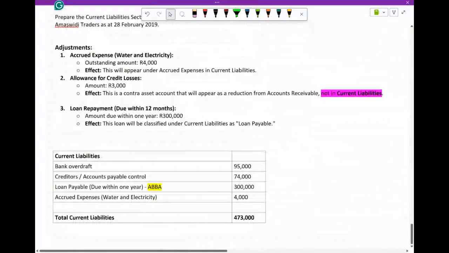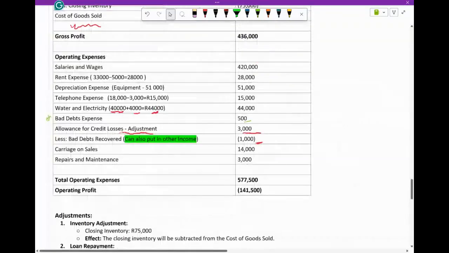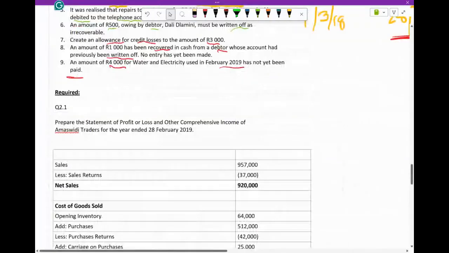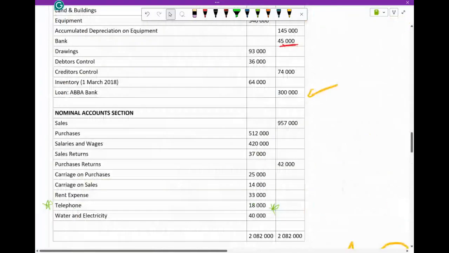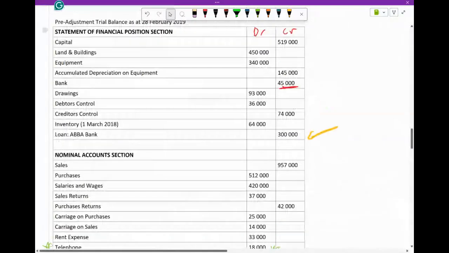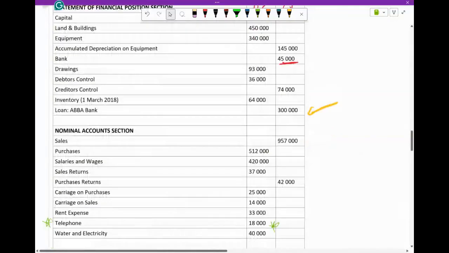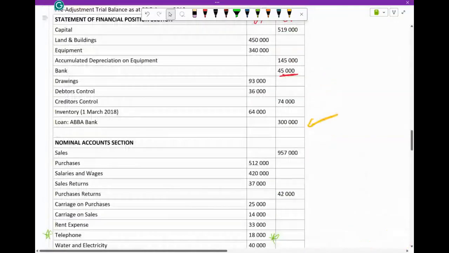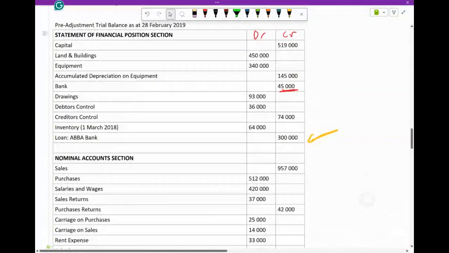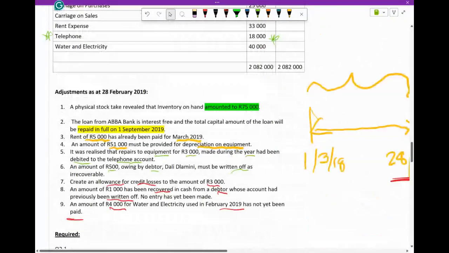What's 95,000 up there? I don't recall seeing 95,000. I see 45,000. Was there an overdraft? Let's see. Maybe in the notes there.